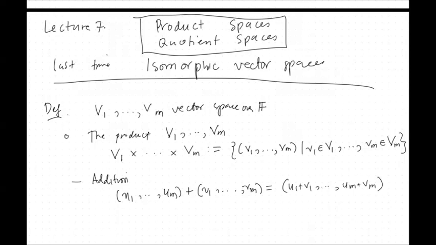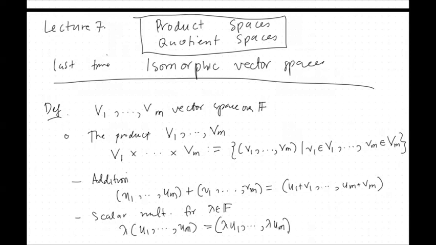And then scalar multiplication is defined as follows. We just multiply each component of the ordered list by lambda. For lambda in the field F, lambda times this ordered list u1 to um is just lambda u1 up to lambda um here.